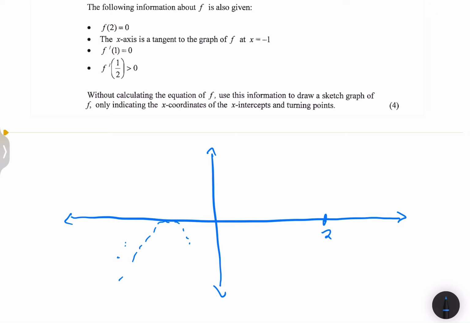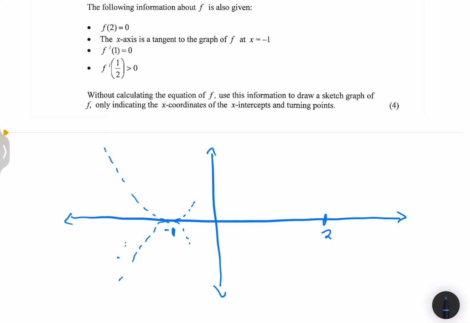Or if a is less than 0, we're likely to see a graph that does this at x is equal to minus 1. Let's read on, because we still don't have sufficient information. But what we do know at the moment is that we've got a turning point at the x-axis. That's the only way that the x-axis can be a tangent.